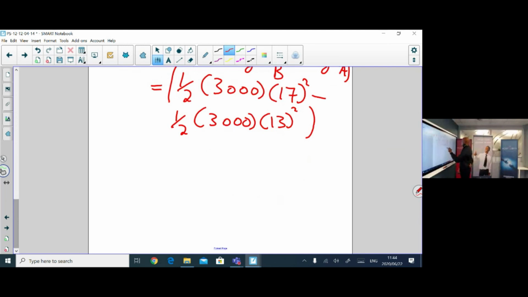We have to say plus. This is plus what? The change in potential energy, which is the mass there, 3,000.